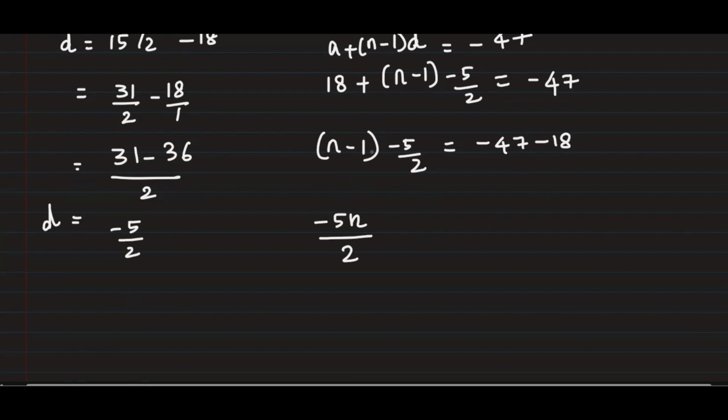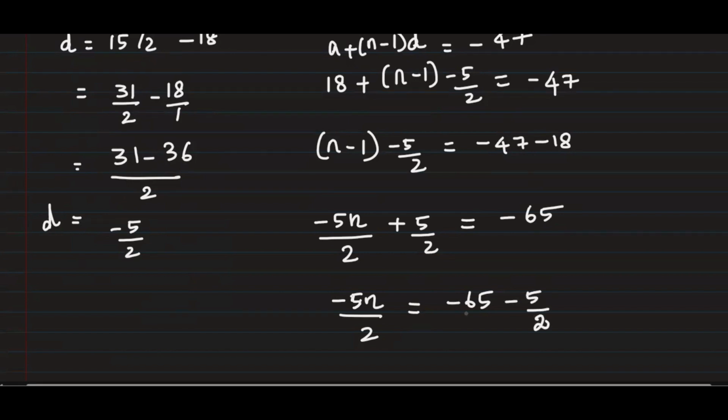Then minus 1 into minus 5, that will become positive 5 over 2, which is equal to minus 47 and minus 18. So minus 47 and minus 18, when you add them together, it will become negative 65. So minus 5n by 2 is equal to minus 65 minus 5 over 2.